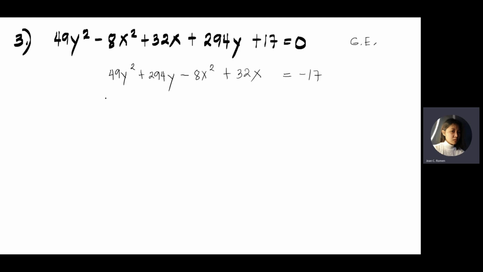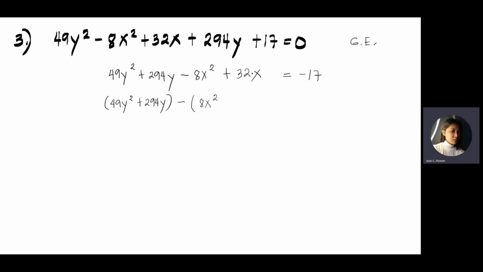So, first group is group the terms with variable y. So, first group will be 49y squared plus 294y minus, okay, again, minus parenthesis. So, kapag meron tayong subtraction, then ang kasunod is maglalagay tayo ng grouping symbol, always take the opposite sign.